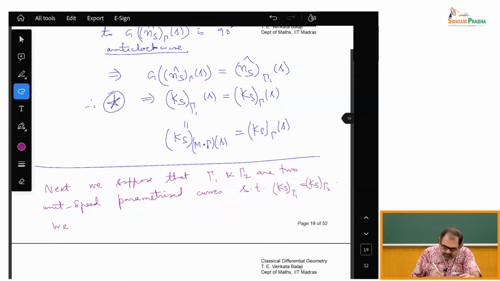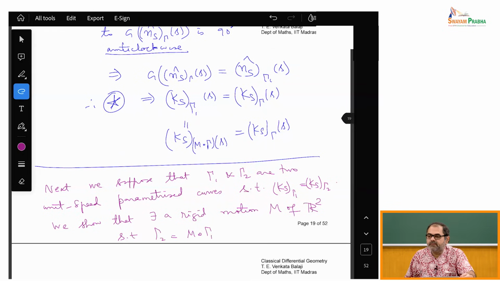We show that there exists a rigid motion m of R2 such that gamma 2 is m circle gamma 1. So if two curves have the same sine curvature, then they differ by a rigid motion.